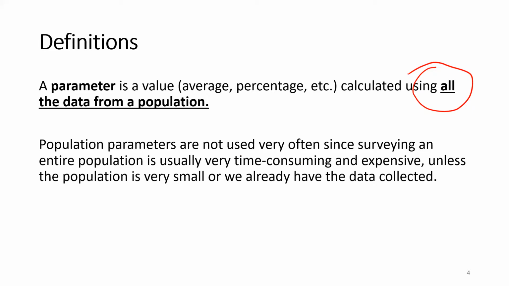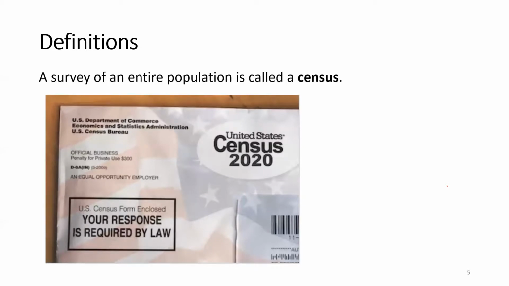Now, population parameters are not used all that often because it could be very expensive to survey an entire population, take a lot of time, cost a lot of money, unless the population is small or we already have the data. Another definition, a census. A census is a survey of an entire population, and I'm sure that you have heard of the U.S. Census that's coming in the year 2020.